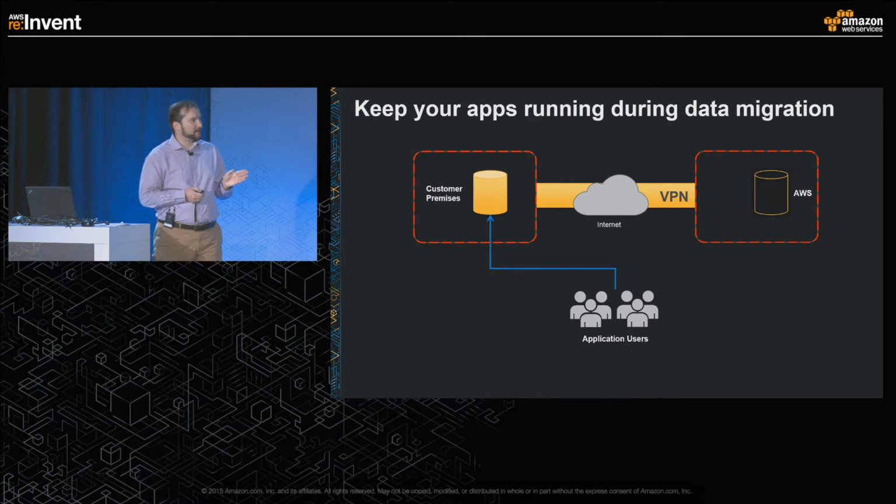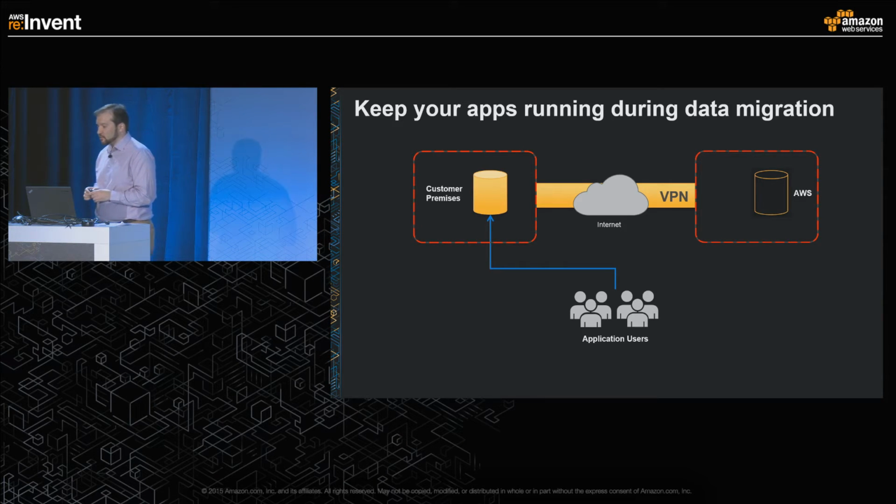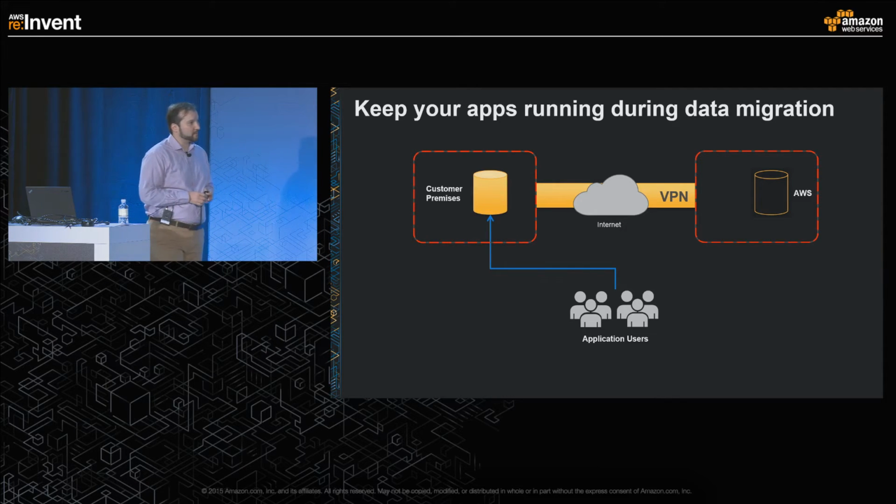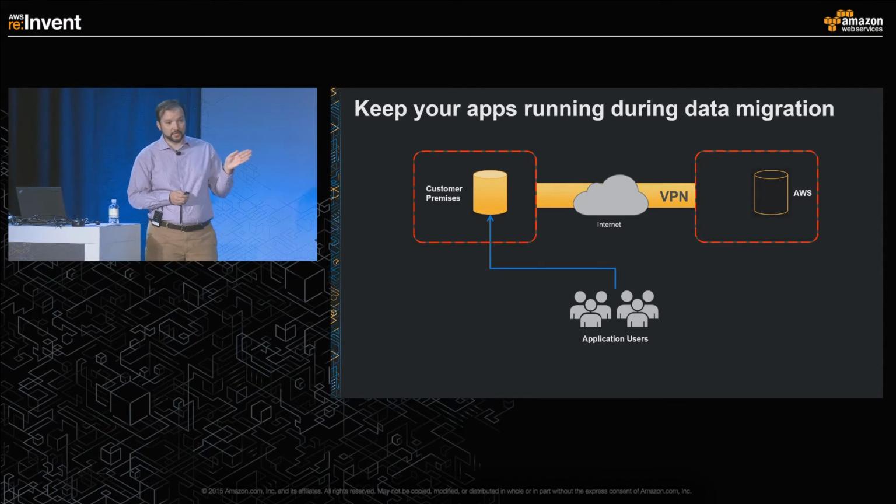I want to spend a little bit of time talking about the minimization of downtime that the database migration service allows you to accomplish. I'm going to start with a setup where my applications are accessing my source database on premises.